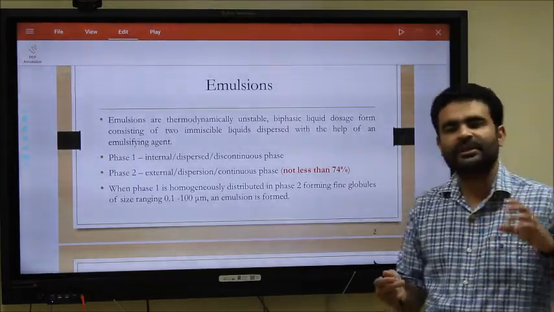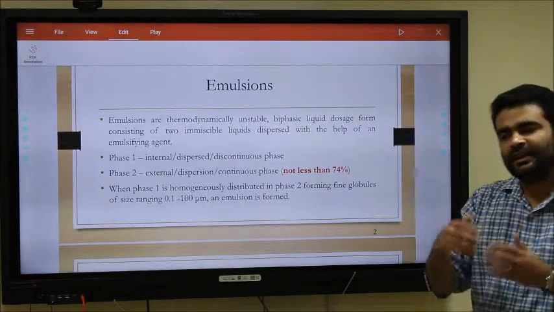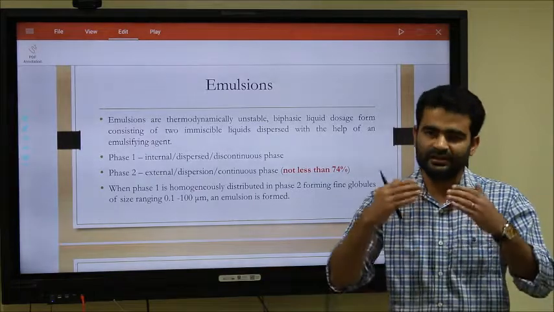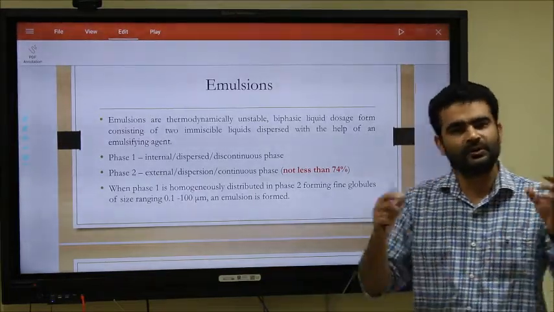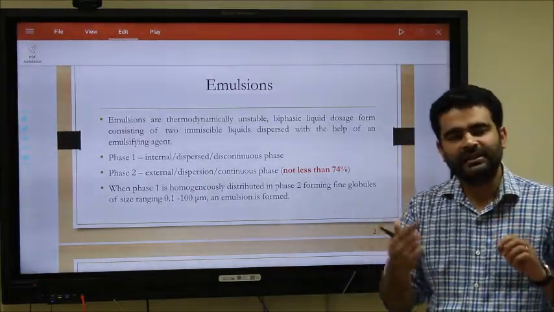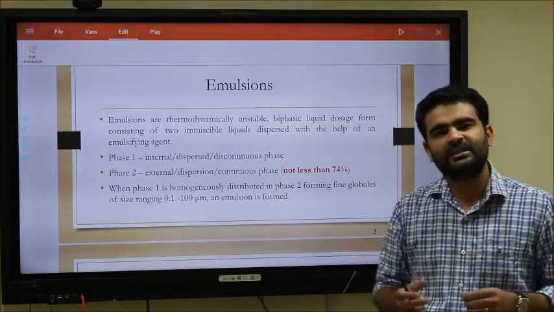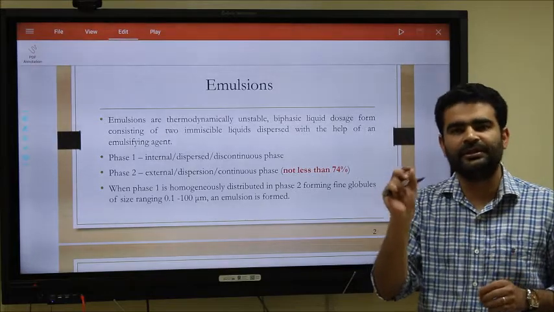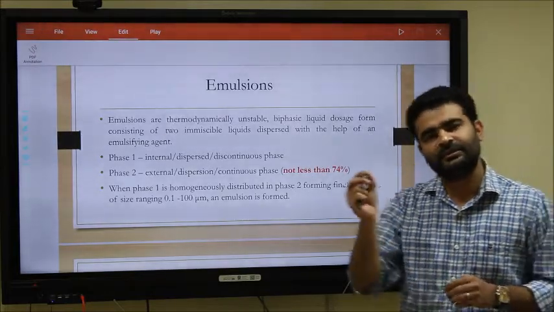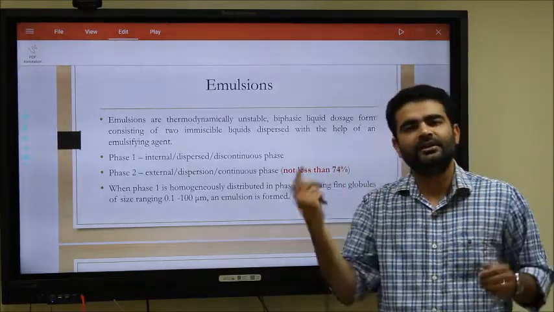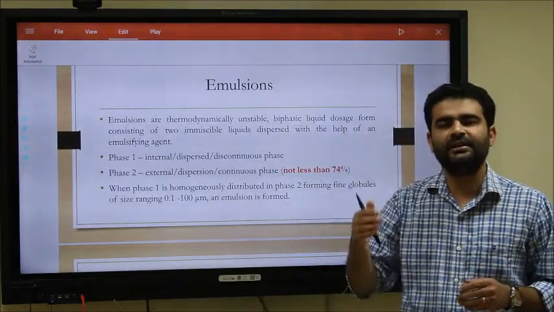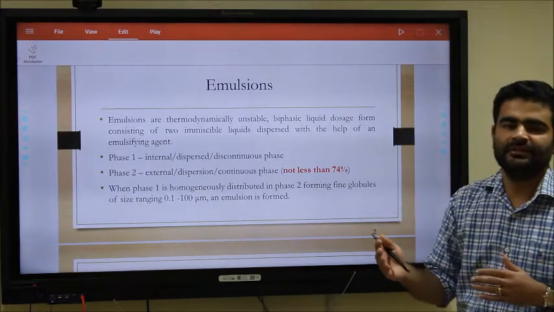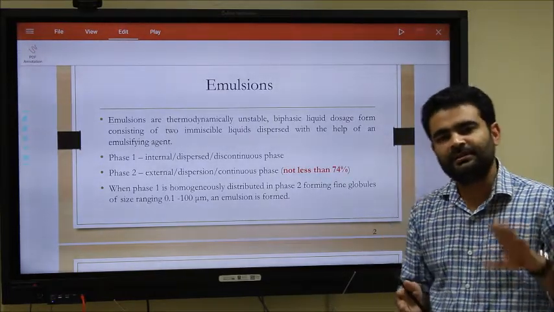When the dispersed phase is added to the continuous phase with the help of emulsifying agents, the surface tension is reduced significantly, which allows the two liquids, upon agitation or some kind of mechanical stress, to break the dispersed phase down into very small globules that are homogeneously distributed in the emulsion. The smaller the particle, the clearer the emulsion will be. The larger the particle, the more turbid the emulsion will be.